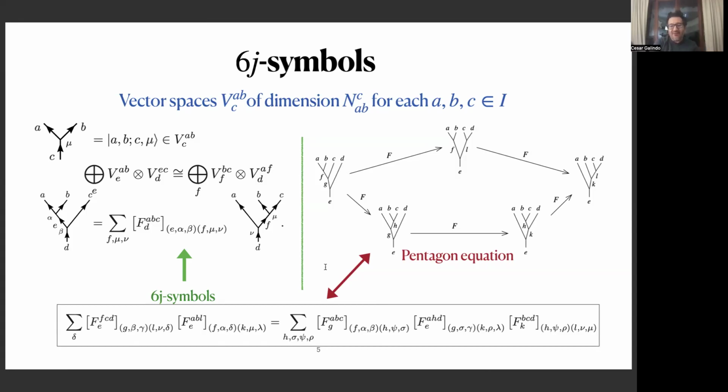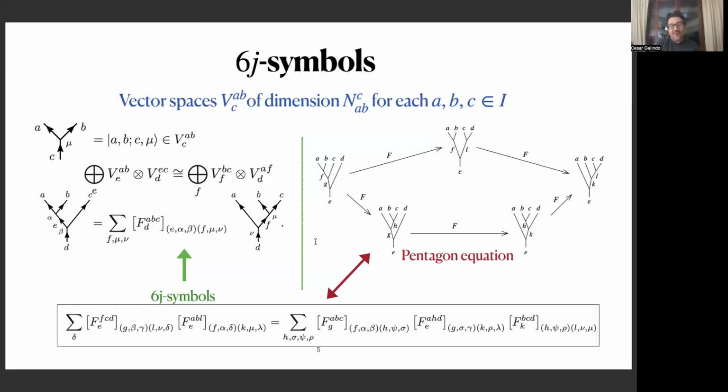This is the really hard part in many cases. So again, the point here is that in general, if you have fixed fusion rules, it could be very complicated to have a concrete solution of this.